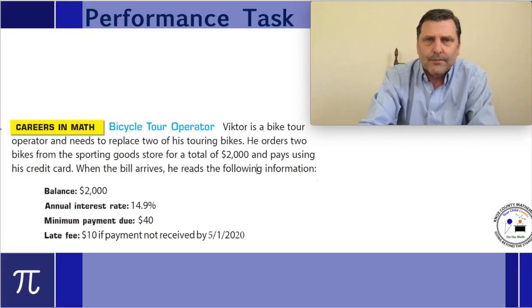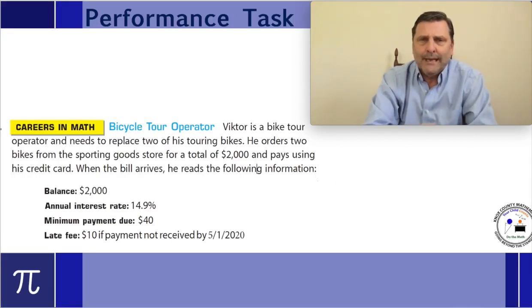So let's look at the task. The performance task that you have in your packet is called Bicycle Tour Operator. Victor's a bike tour operator and needs to replace 2 of his touring bikes.